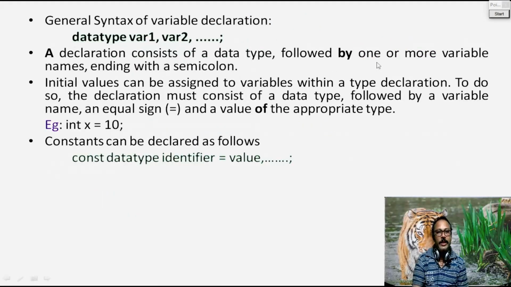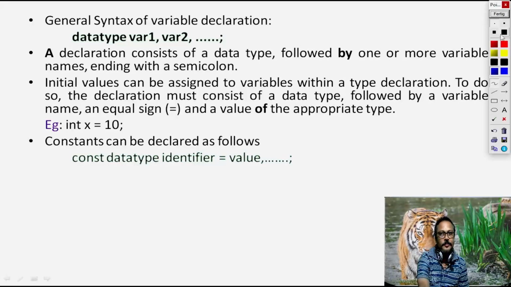How to declare it? This is the general syntax. Always try to note down the general syntax because it will help you in the initial stages. After some practice, you need not remember these things; they come to you automatically while programming.